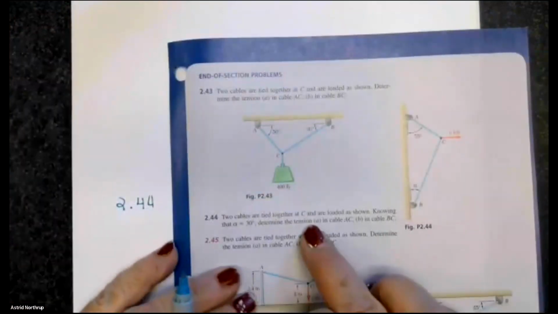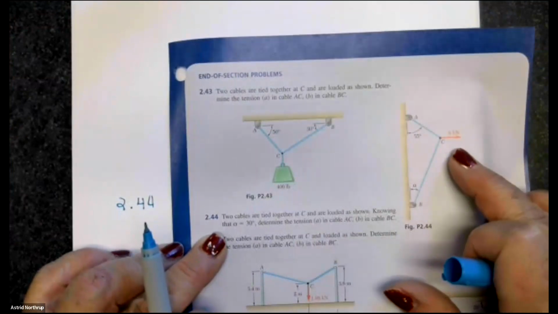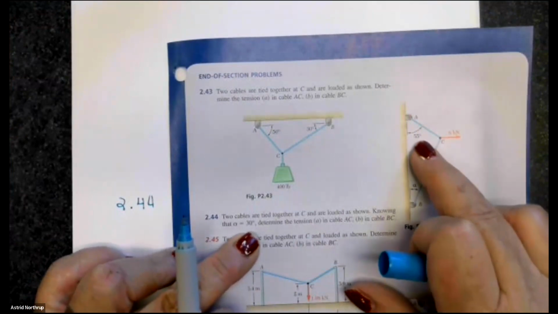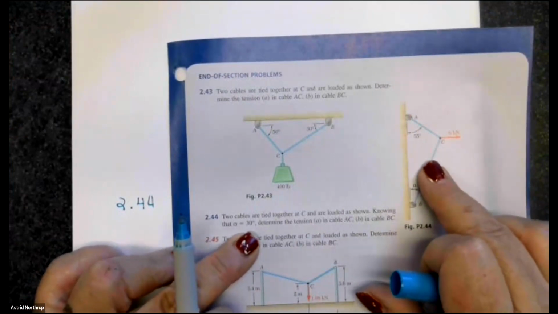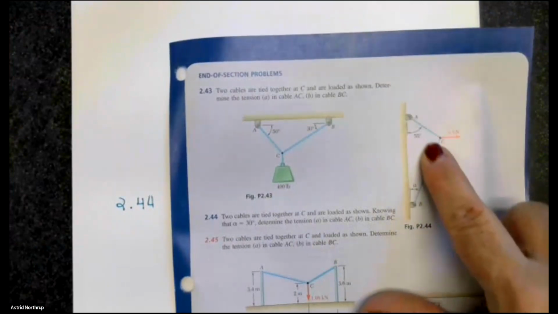All right, so problem 244 says, two cables are tied together at C and they're loaded as shown. Knowing that alpha is 30 degrees, determine the tension in cable AC and the tension in cable AB. All right, so the tension means the force directed along the cable.